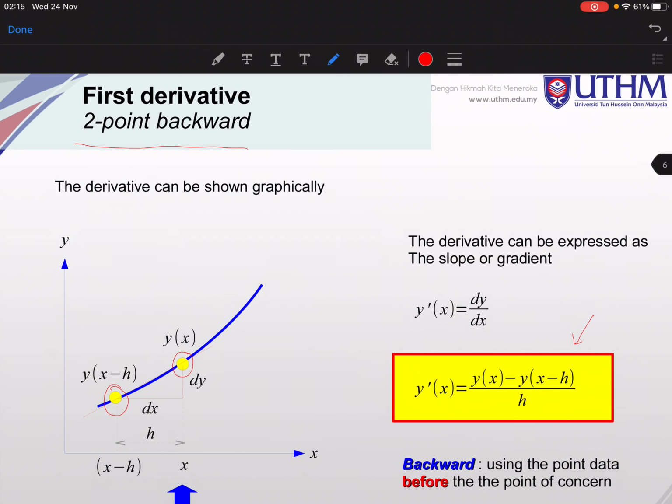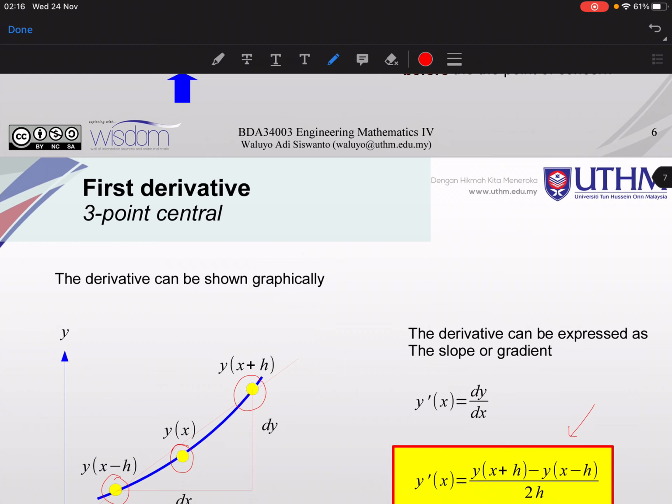And then we have also looked at 2-point backward. So if let's say this is our area of interest, we need to use the point before it, which is f(x minus h), and in order to find the differentiation, this is the equation that we use.